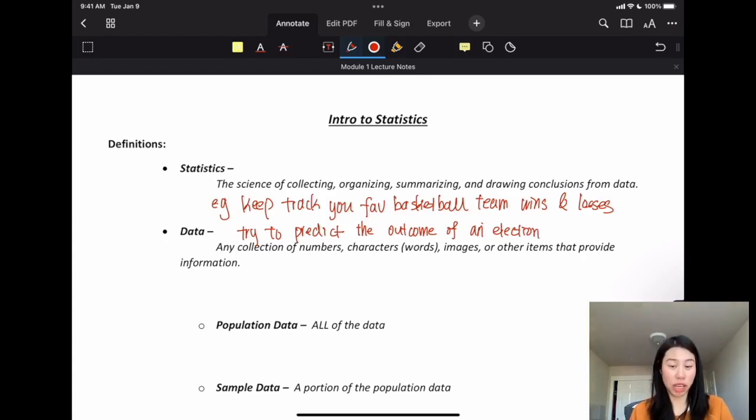We can see the application of statistics everywhere in our daily life. So I believe that you will like this topic, you will like this subject.